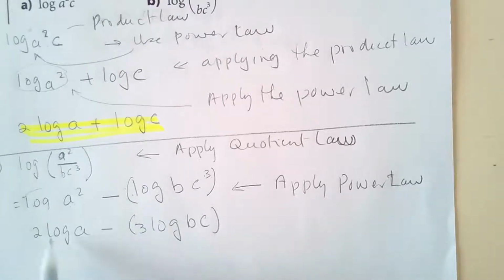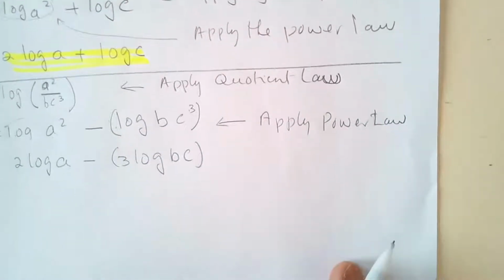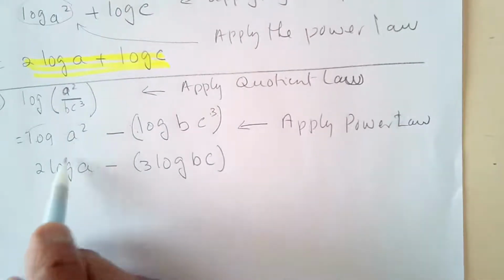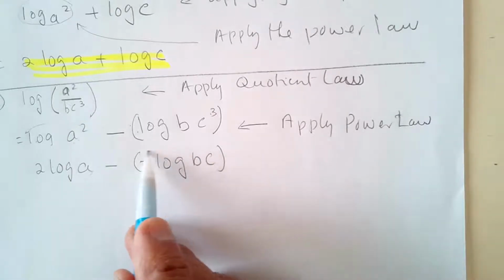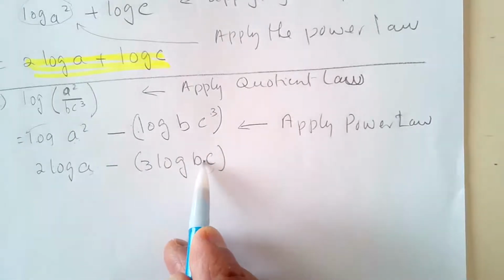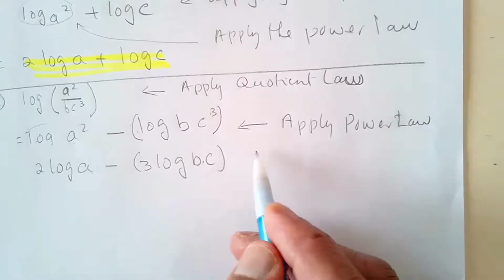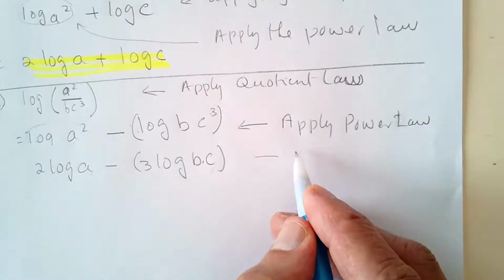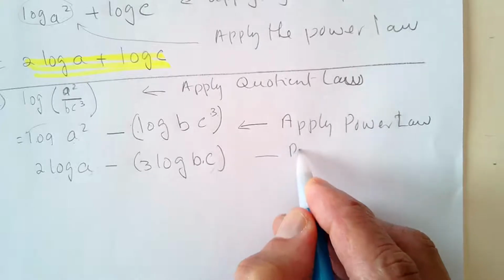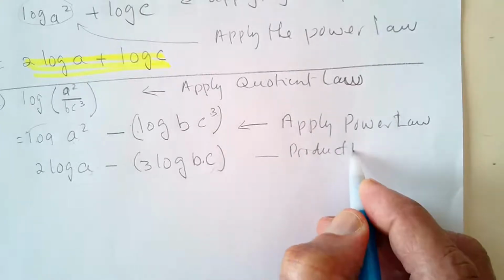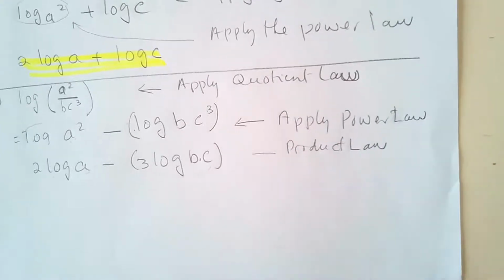Now look at this part here. This is multiplying. When you're multiplying, we have to apply the product law.